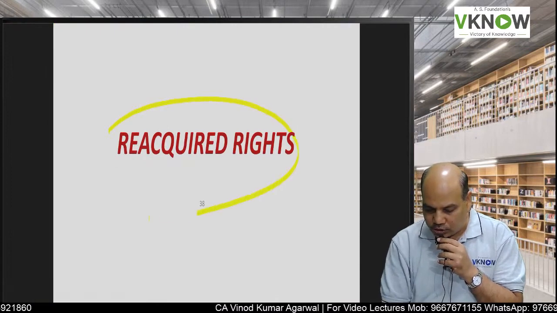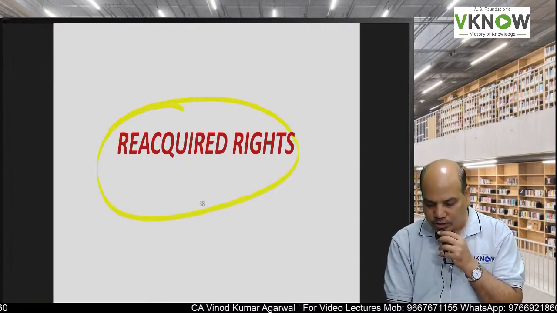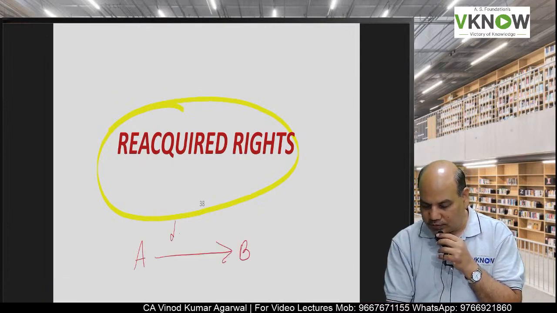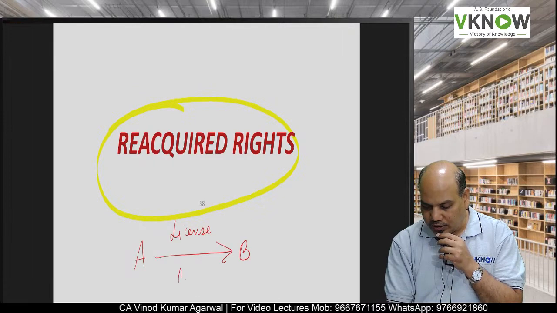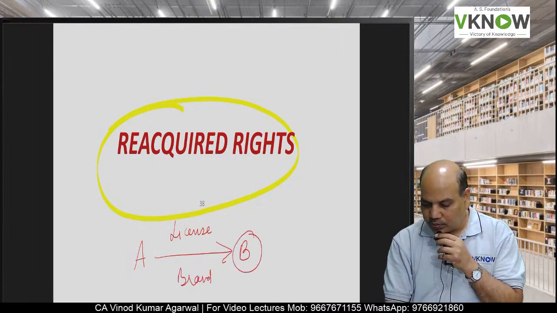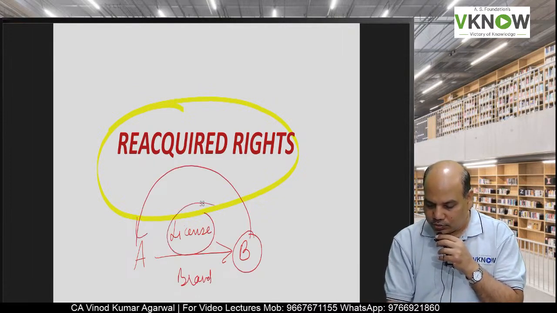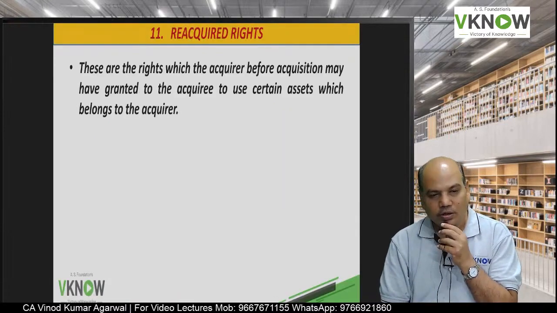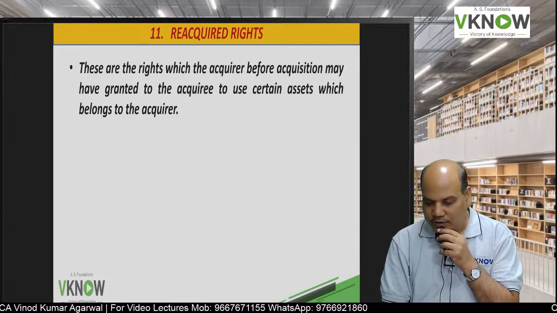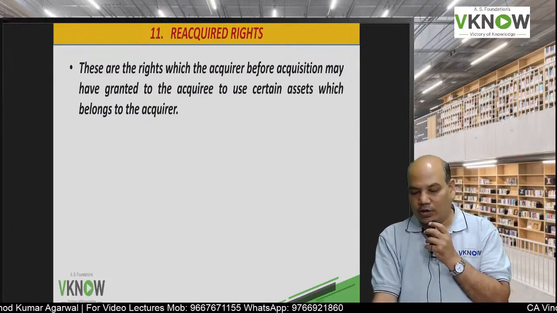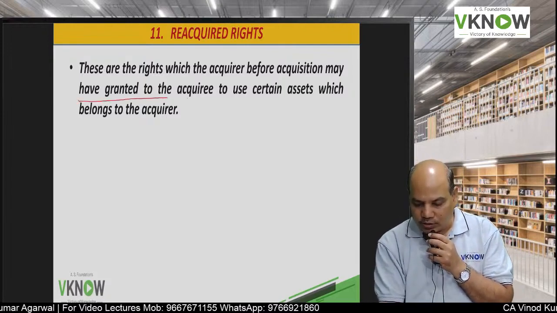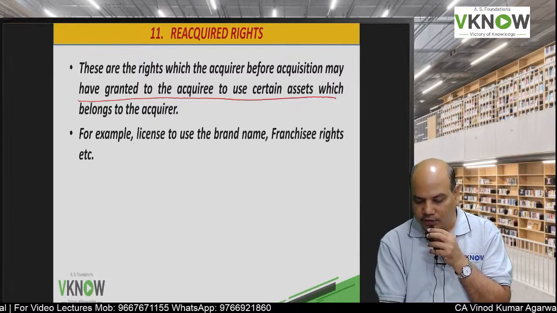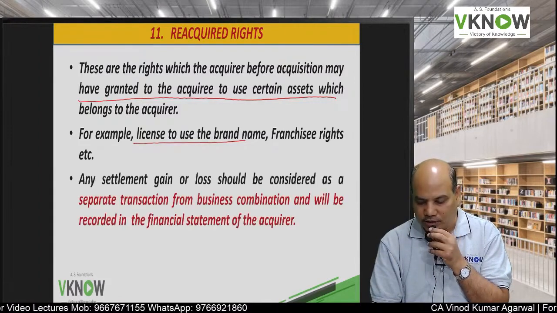Now a small discussion on reacquired rights. A has given rights to B, like license, brand. Now B is acquired by A, so these rights are also acquired by A. What is the treatment of reacquired rights? These are the rights which the acquirer before acquisition may have granted to the acquiree to use certain assets which belong to the acquirer, like a trademark, for example license, brand, franchisee rights.